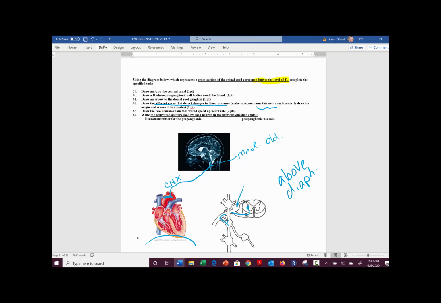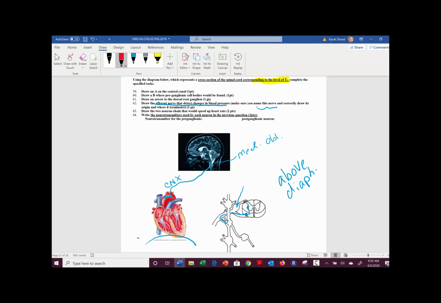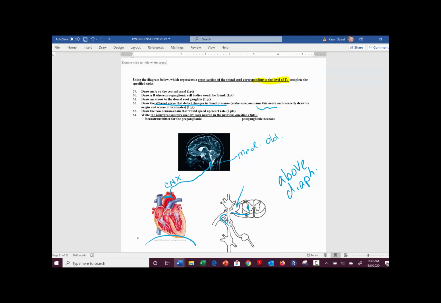And that means the postganglionic fiber is going to exit out of the sympathetic trunk, out one of that back door, remember, but it's not going to go to a collateral ganglion. Instead, it's going to terminate on the heart to speed up heart rate by targeting the SA node and AV node, and it will also increase force of contraction.